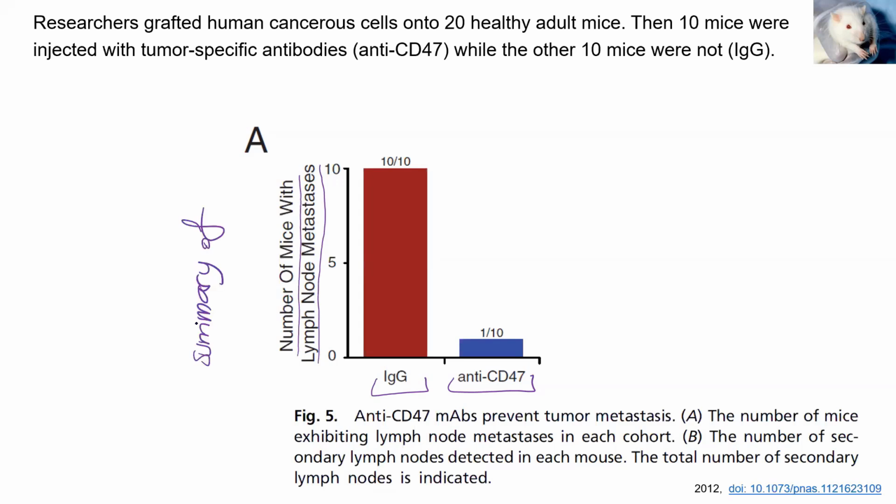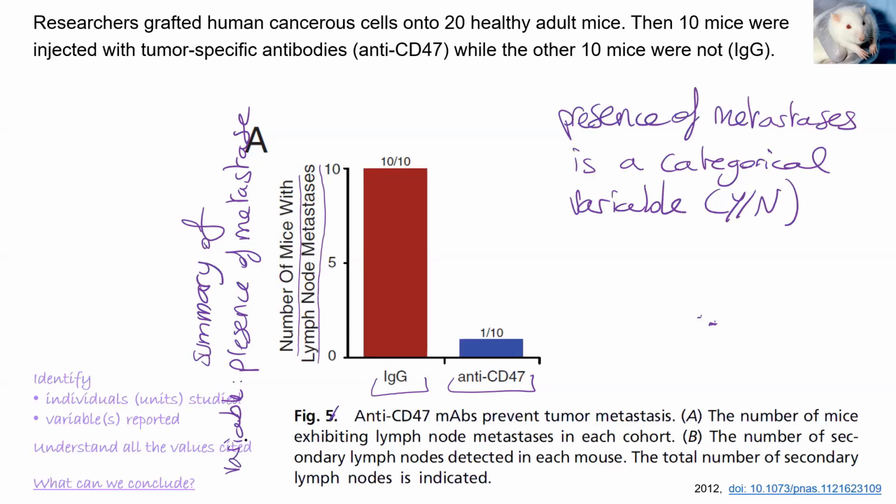So this here is a summary of a variable, the variable being whether or not any given mouse has lymph node metastases. So our variable, presence of metastases, is categorical because for any one mouse, it can only be yes or no. To understand all of the values that are cited here, we can see that the out of 10, this is out of the sample size, how many individuals were given any given treatment.